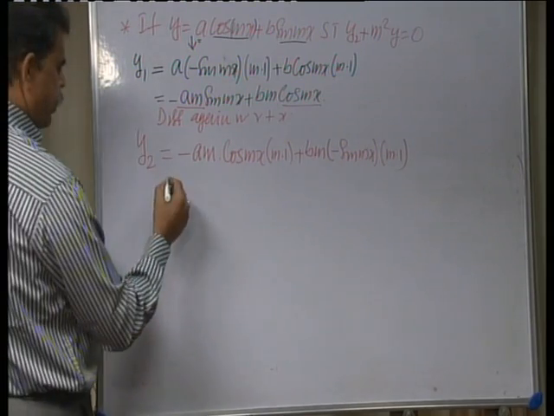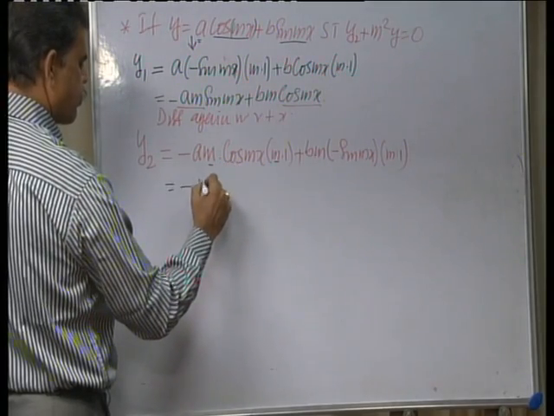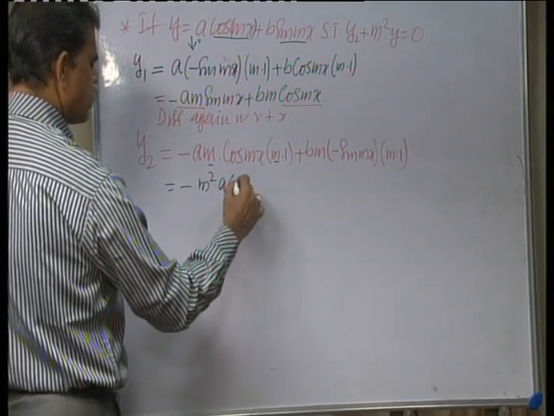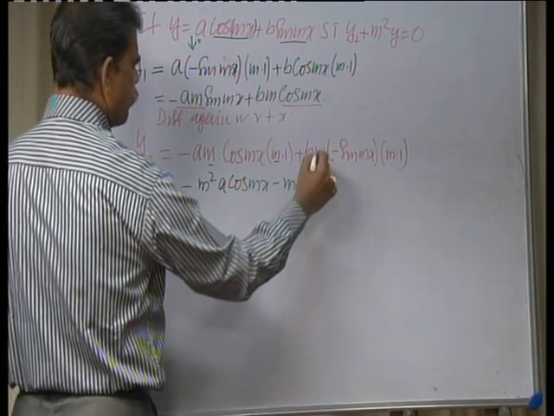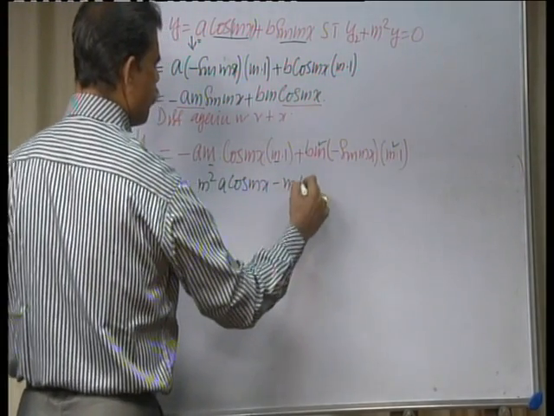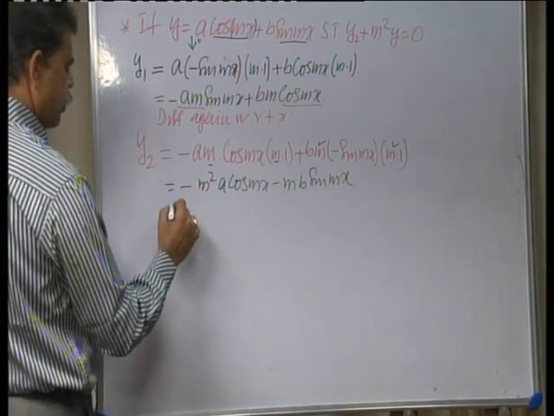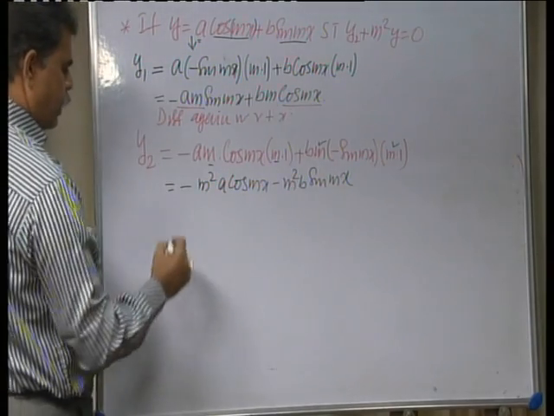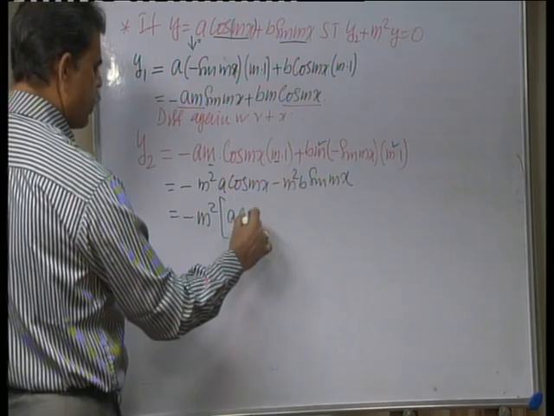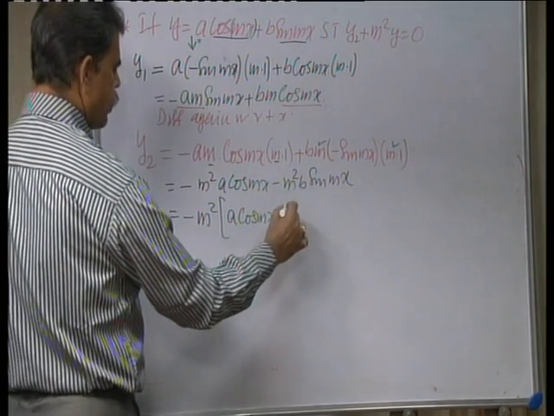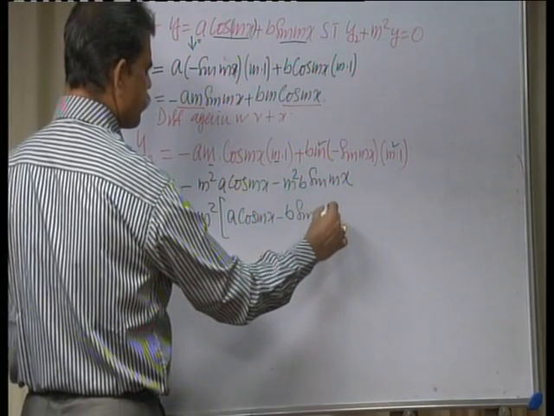Simplify it, that is equal to minus m into m square a cos mx minus m into m square b into sin mx, this is m into m square. I will take minus m square common, you have a cos mx plus b sin mx.